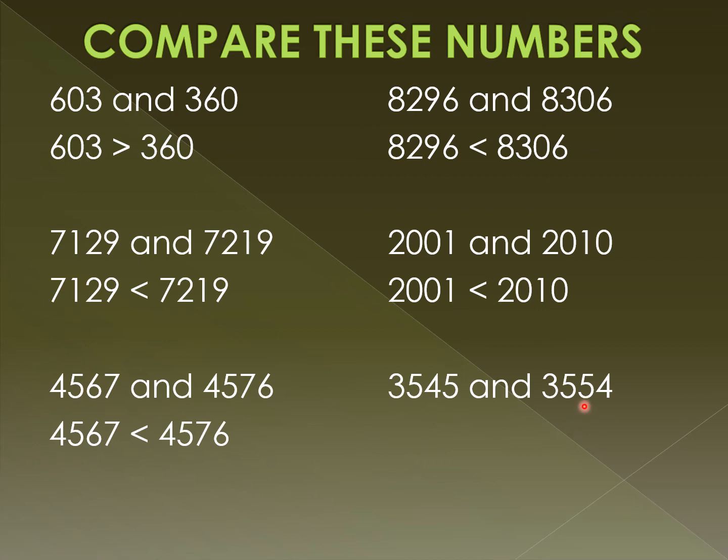So you see, 4 is less than 5. So clearly the numbers are not equal and we get 3545 is less than 3554. So that is how we compare numbers.